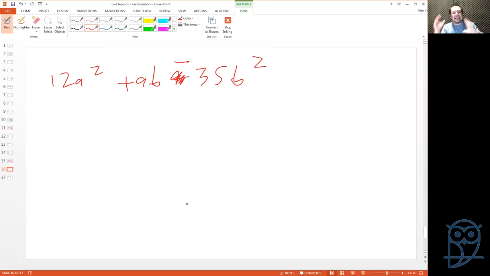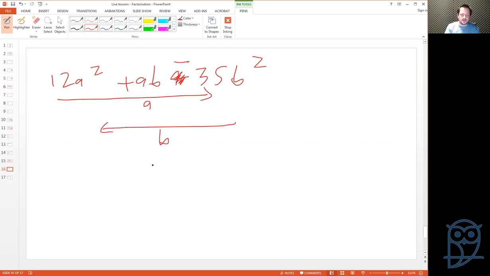The answer's exactly the same thing. Because this is actually just like a trinomial in A going that way, and in B going that way. Because you have a squared here, A, and a constant being no A. And then on this side, you have b squared, b, and no b being your constant on that side.